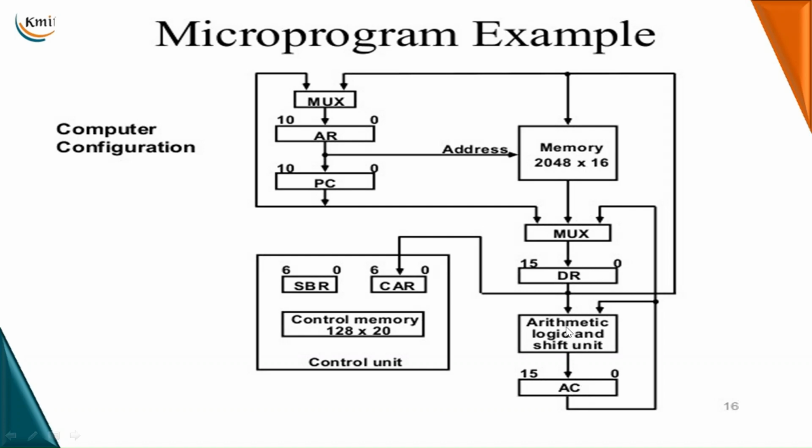The ALU performs operations on the data stored in the data register and the accumulator, and once the instruction has been executed, the result is stored back into the accumulator before storing it back into the memory locations. Here the memory address is of size 11 bits.